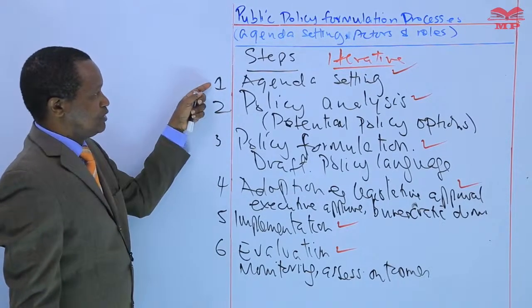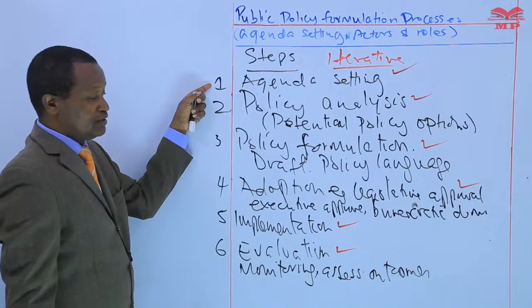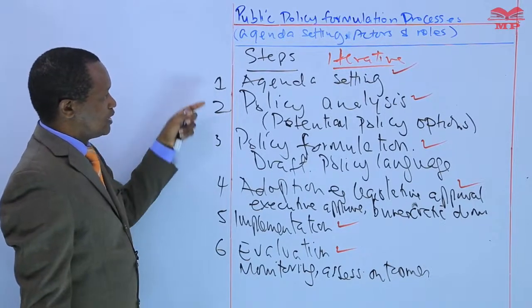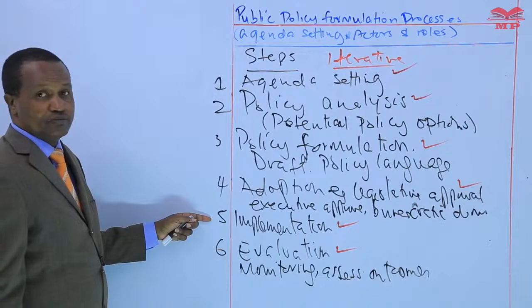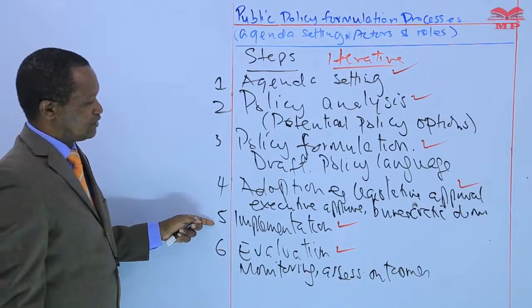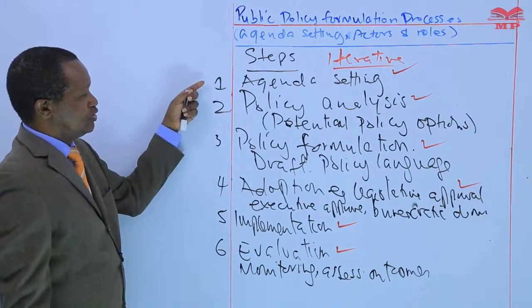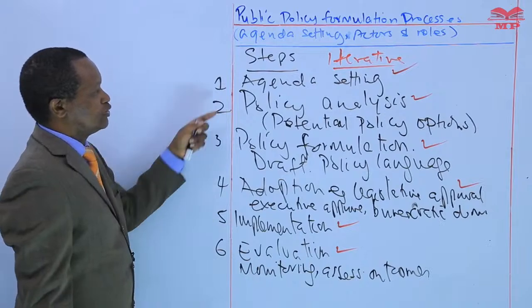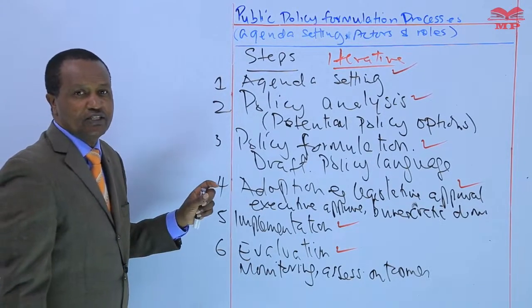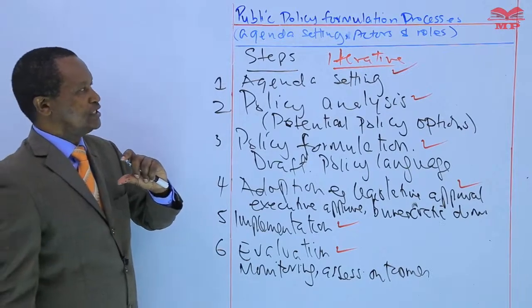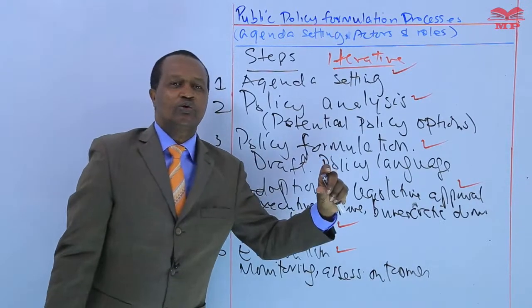The problem may not have been defined very well. So they may need to go back to the definition of the problem even at the implementation stage. While implementing after adoption, they may need to make adjustments to the definition of the problem. So it is not given that the process is linear or sequential.